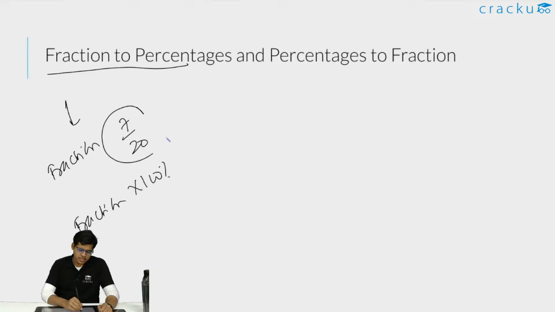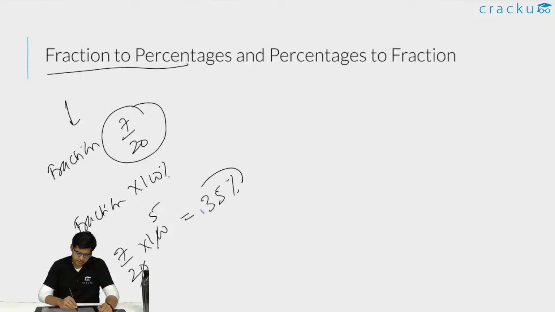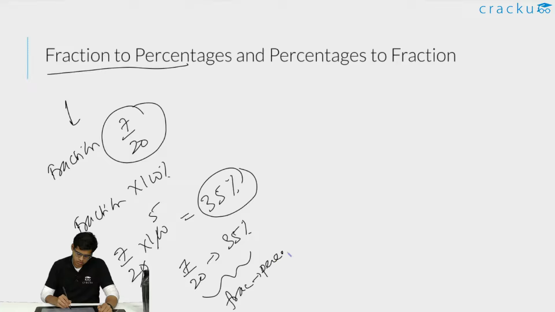So 7/20 multiplied by 100, I will get 7 5s are 35%. So 7/20 in fraction is 35%. And this is how we have converted fraction to percentage.